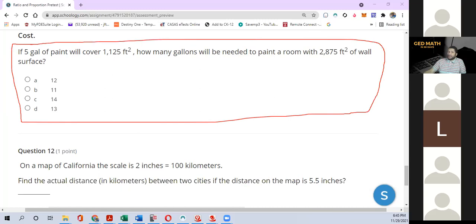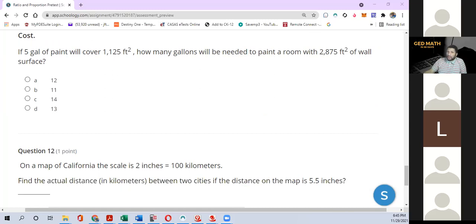Is this the same kind of problem as the other ones? You tell me. And this is why I have these word problems, so you can attach the computation of ratios and proportions to a word problem. How do you know this is a ratio and proportion problem?